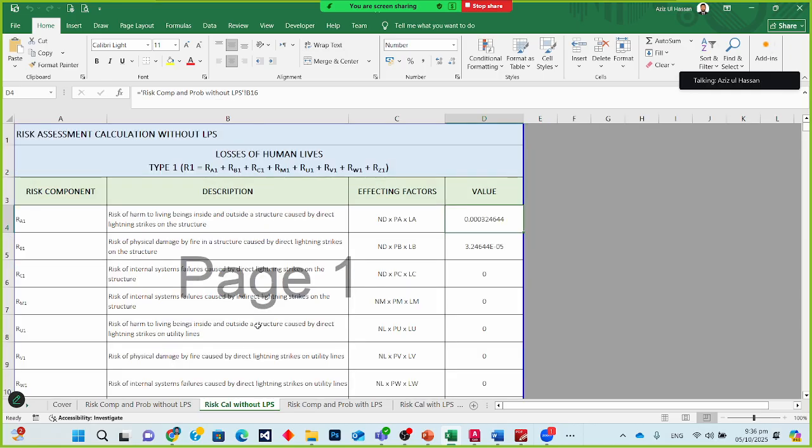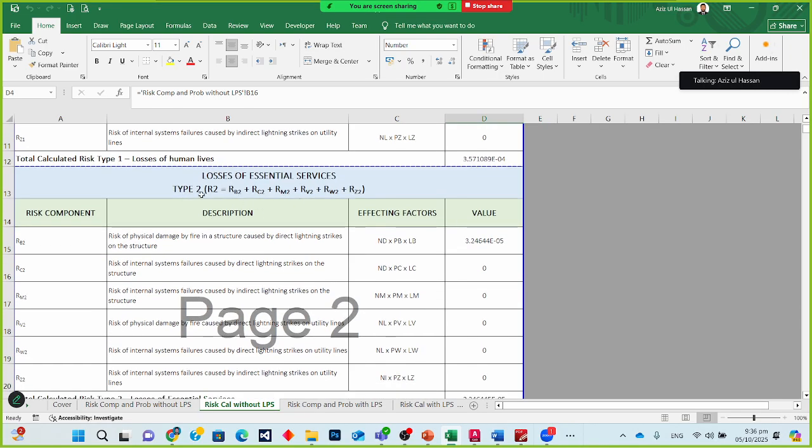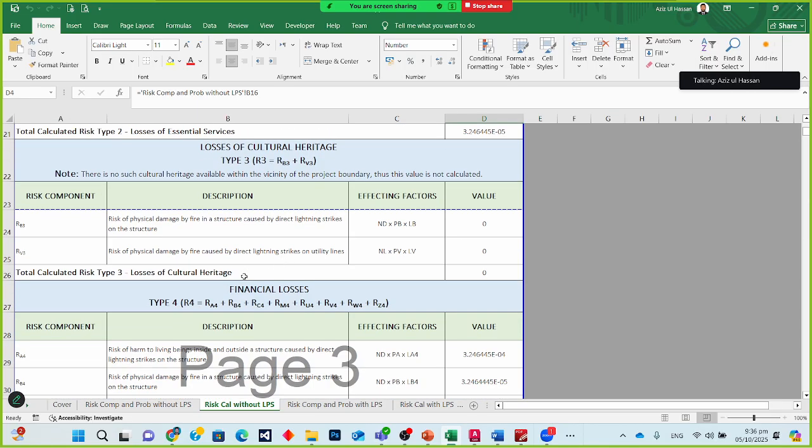Then we can calculate the risk R1. For R2 we need RB, RC, RM, RV, RU, RZ. For the risk R3 we need just RB and RV. And for R4 we need all these types of risk components.